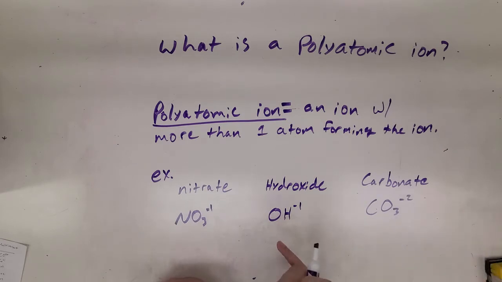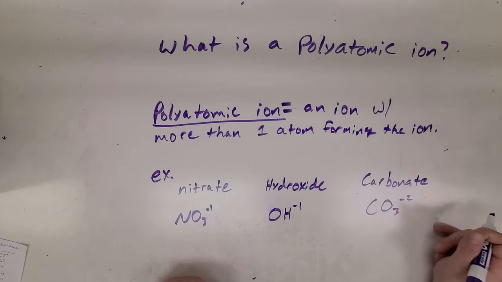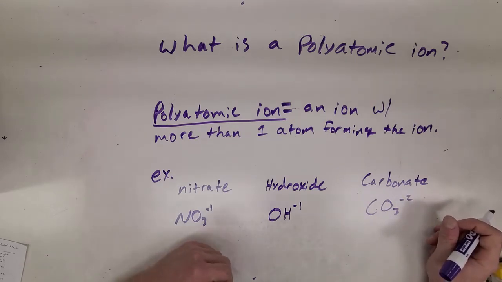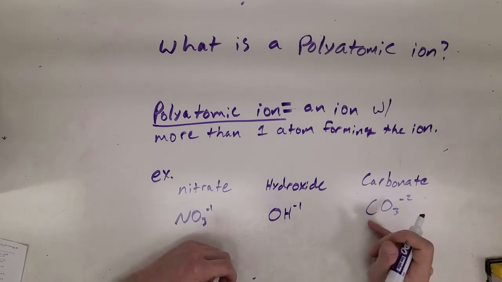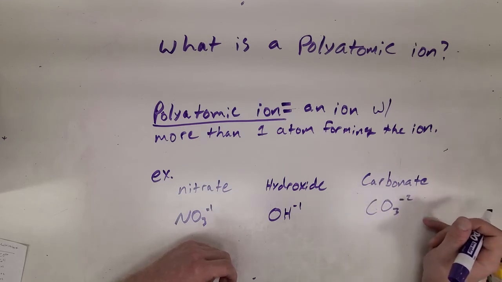This is formed from 1 oxygen and 1 hydrogen, forming an ion with a -1 charge. And then there's carbonate, which typically comes from baking soda, sodium bicarbonate. Bicarbonate is its own ion, but carbonate, a part of that, consists of a carbon and 3 oxygens bonding together to make an ion with a -2 charge.